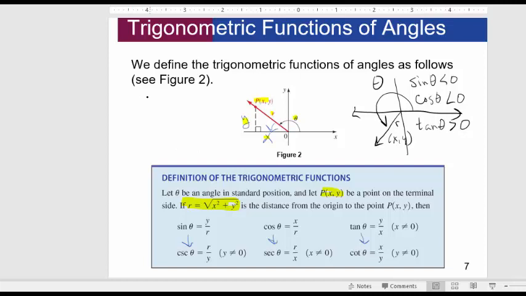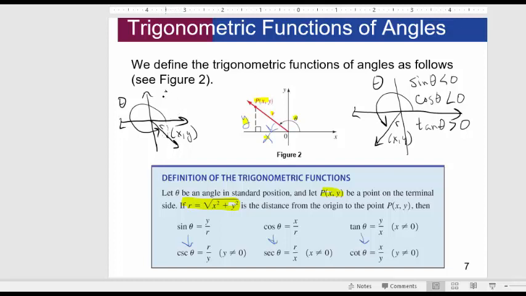And then if we go to the fourth quadrant, now what happens, right? Do the same thing. Let's say now this is our angle theta. And now again, this is still our point (x, y), and this is still our r value, because again, we form a right triangle here. But now in this case, x is positive and y is negative.